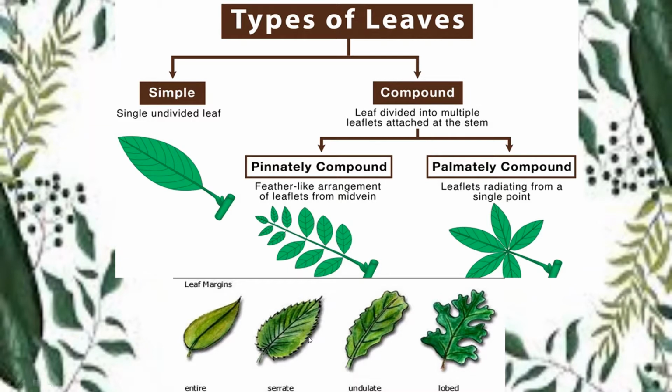See, this is the serrated margin. This is undulating margin. See this leaf? This kind of leaf, undulating margin. And this is lobed. This is more undulated and it has become a lobed-like structure. So these are a few types of leaf margins.